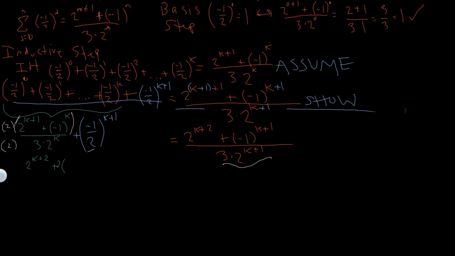So we'll just write 2 times negative 1 to the k. And then in the denominator, I'm left with 2 times 2 to the k is 2 to the k plus 1, and times 3.